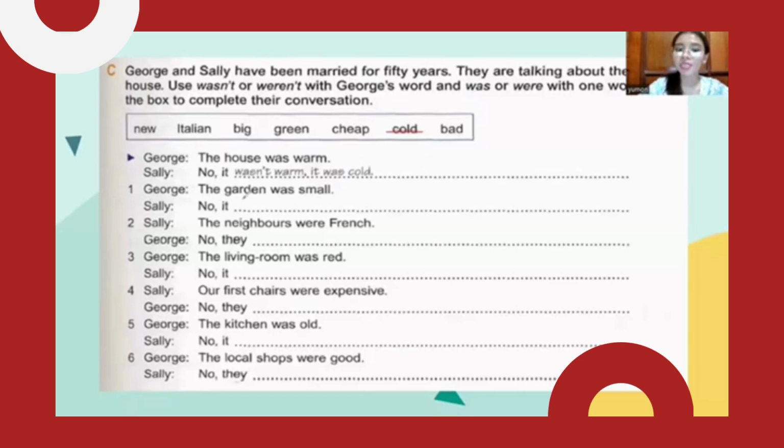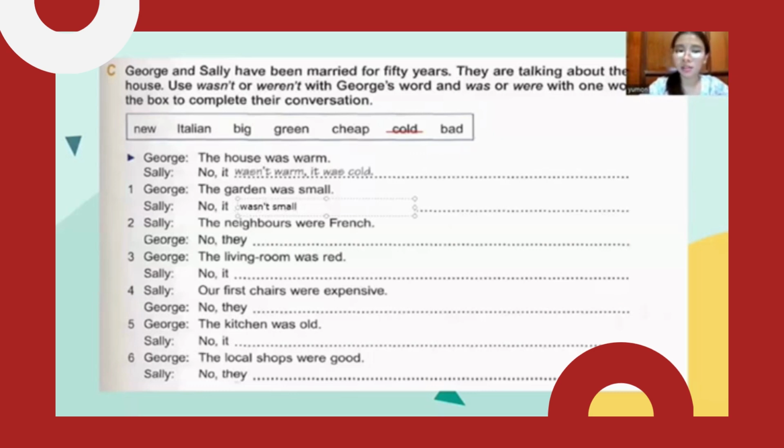George said the garden was small. Okay? The garden was small, alright? In their first house. But Sally said, no, it. Okay, so we have to write the opposite word from the first sentence. So how do we write? No, it wasn't small. Yes.